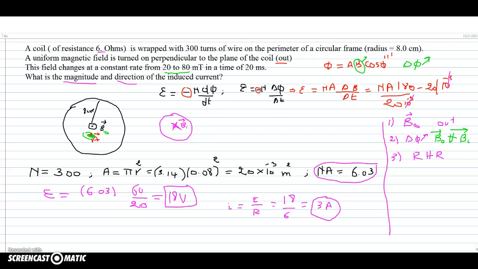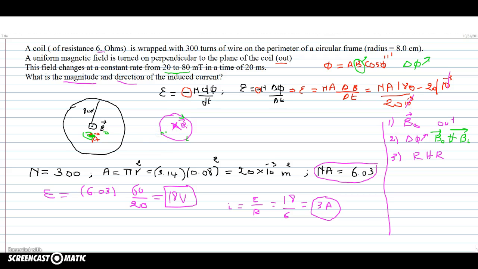This is the case when you have two directions. For the current, we put the fingers around the current and the thumb will be B. If you curl your fingers around the loop, the thumb will be in, and that is B. That means the current goes this way.